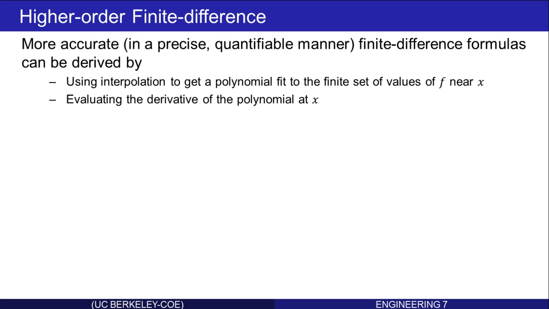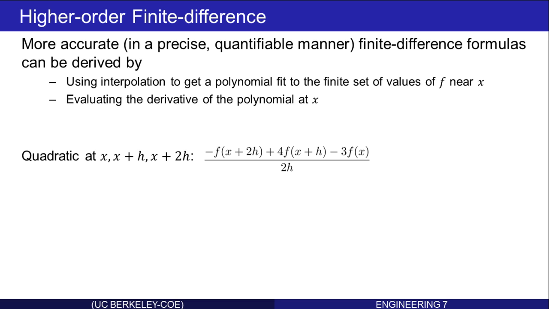Let's look at some of these formulas. Here is the formula you get when you fit a quadratic through the points x, f of x, x plus h, f of x plus h, and x plus 2h, f of x plus 2h.